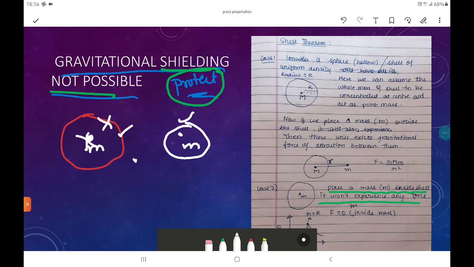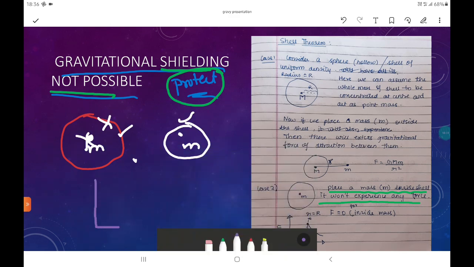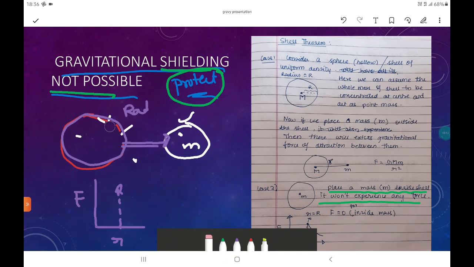So if you want to plot that as a graph, how will you plot that? This is your force and this is the distance. This is the outside distance, and I am considering the shell to have radius r, so this distance I am considering to be r. From this point up to this point, this is our distance.